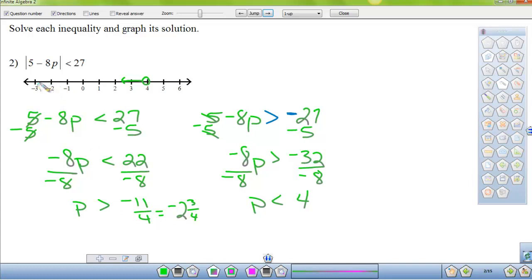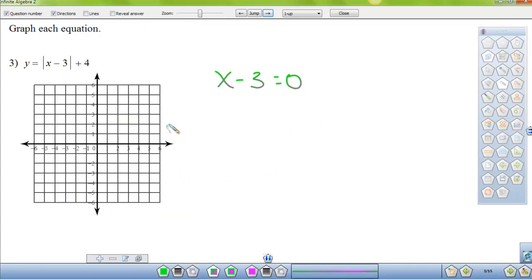Well, there's negative 2, and let's just estimate 3/4 down the line is right about there. And again, it's a hollow circle. Numbers greater than negative 2 3/4 are going to go to the right. So our solution set is actually an intersection of the graph in between those two endpoints. And so there is the answer to question number 2.